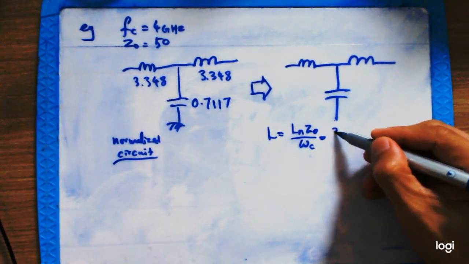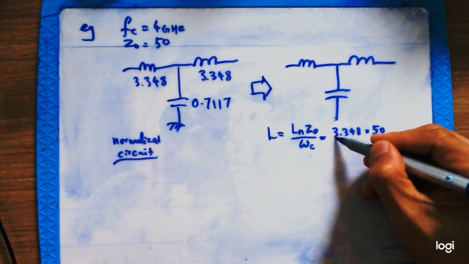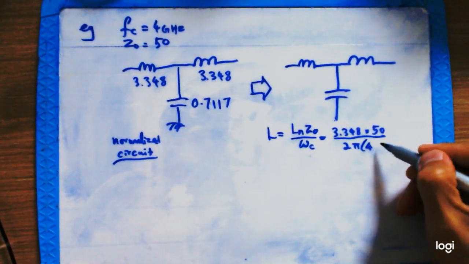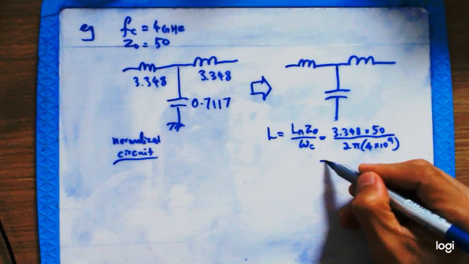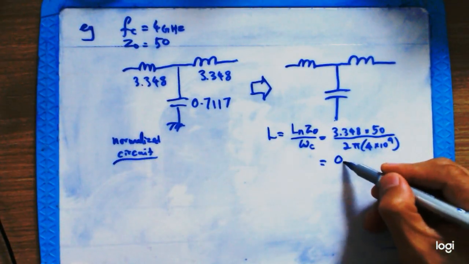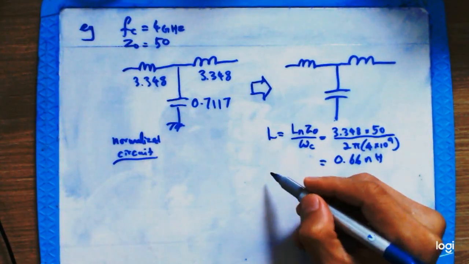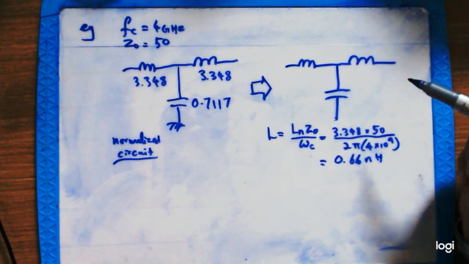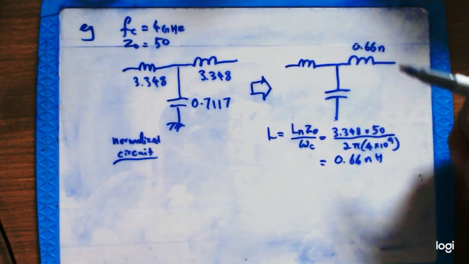So 3.348 times 50 divided by 2 pi and then 4 giga. So this is what you need. By my calculation here, I got 0.66, so 6.6 nano.